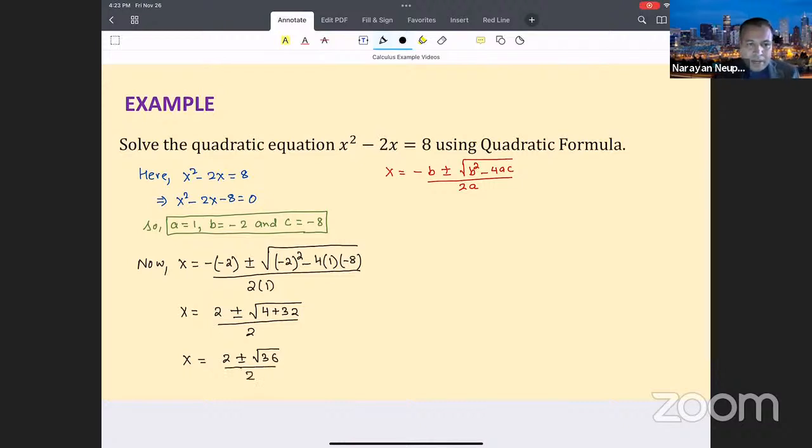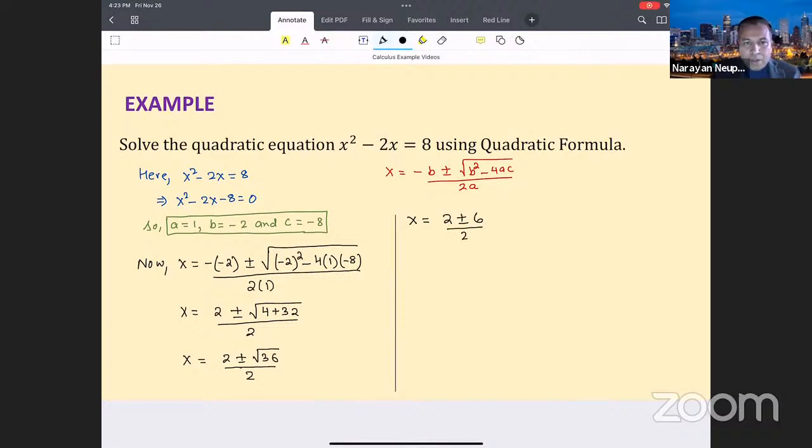Okay, we need to simplify a little further to find the values of x. So let me write them here now. So x is equal to 2 plus or minus square root of 36 is 6, because 6 times 6 is 36, divided by 2.